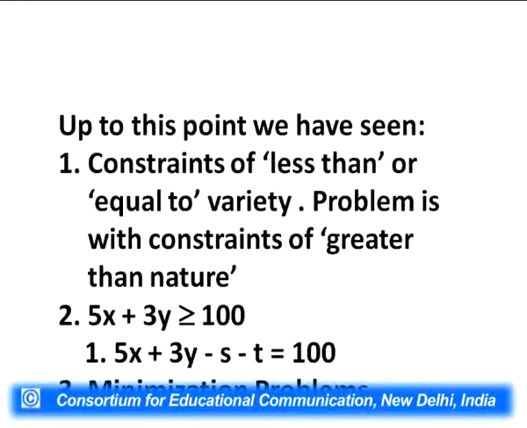Up to this point, we have seen constraints of less than or equal to variety. The problem is with constraints of greater than nature. Let us have an example of an equation: 5x plus 3y greater than or equal to 100.